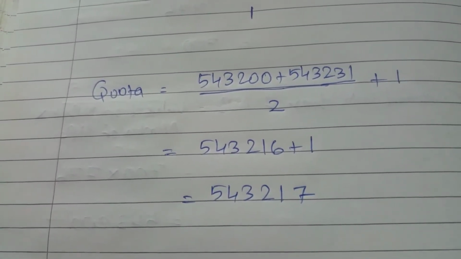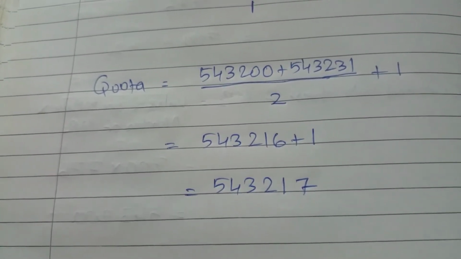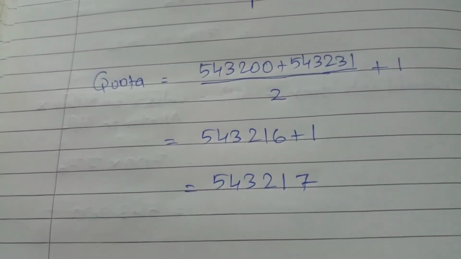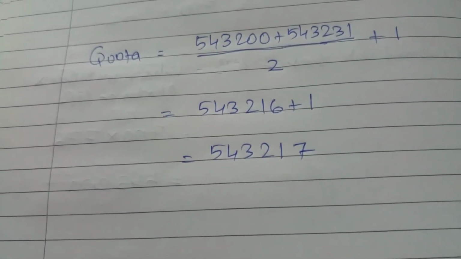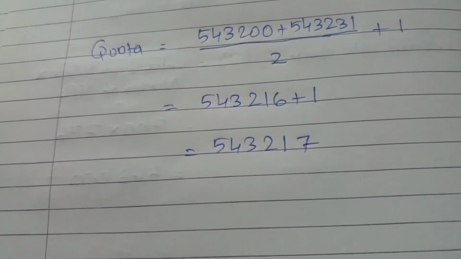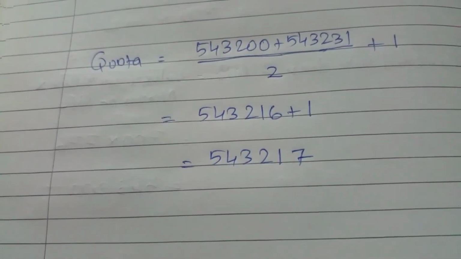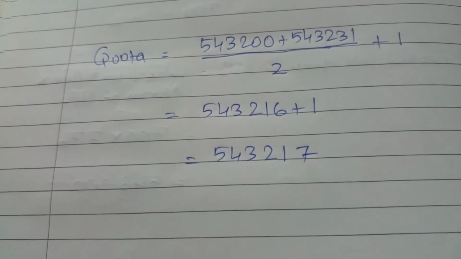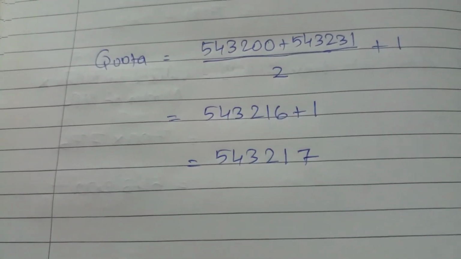The whole divided by 2 comes to 5,43,216, and 1 is added. So, the quota results in 5,43,217. The candidate who gets this magic figure will win the presidential election, my dear friends.